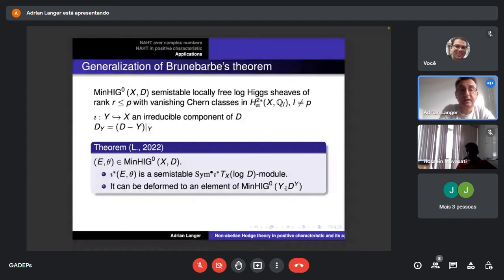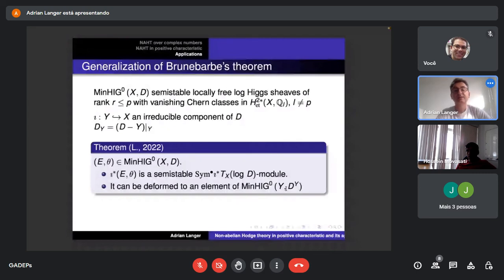And this really generalizes Langer's theorem. Even in characteristic 0, you get out of this a new result that was not known before. So it's really much stronger than what was done before.